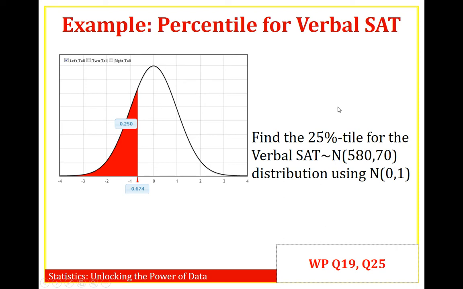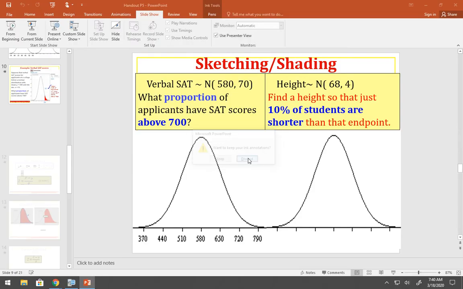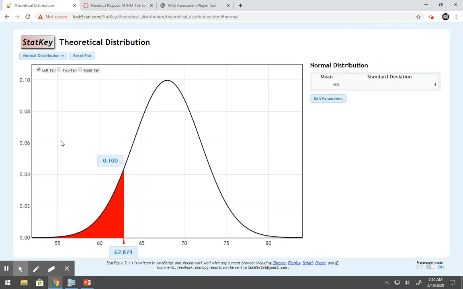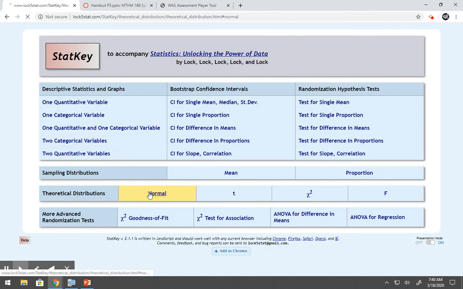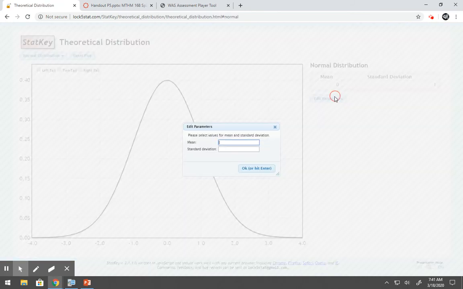I'm just going to read the data that I have over here: 25th percentile, 580, 70. I'm going to grab StatKey, go to my normal distribution, and edit my parameters. My parameters were a 580 and a 70, so we're back at that 580, 70 thing again.